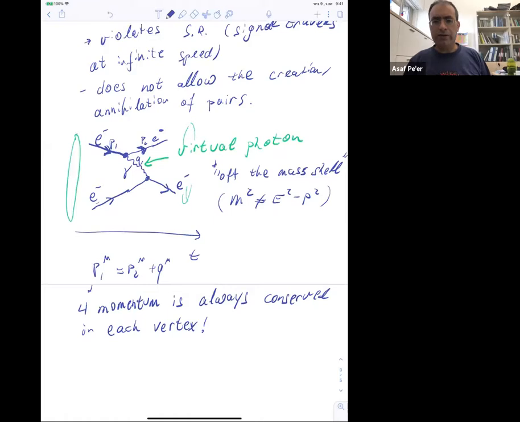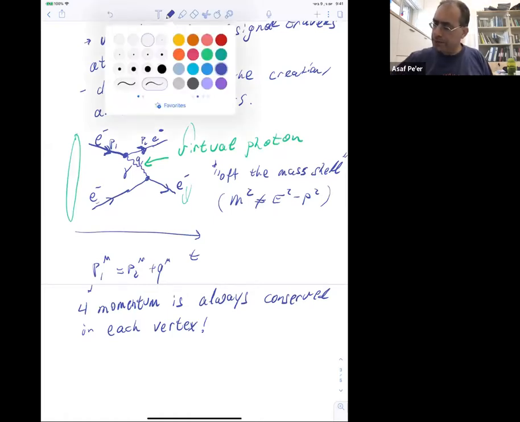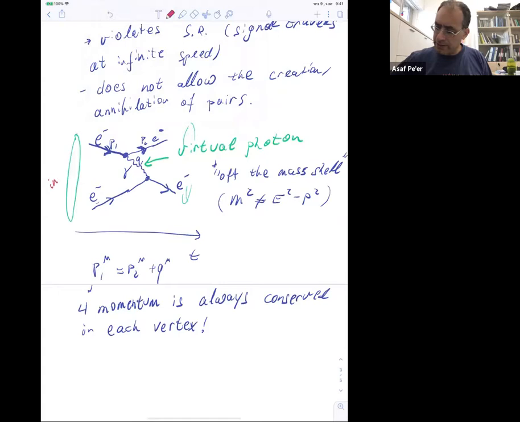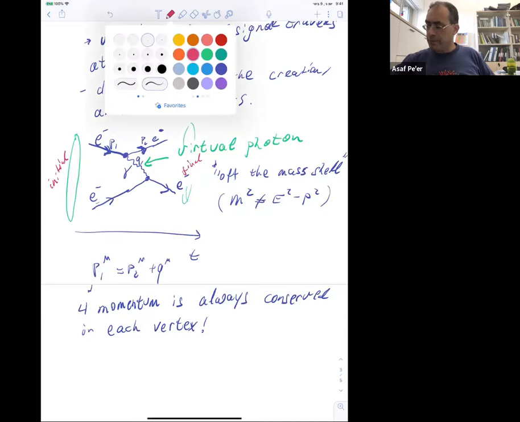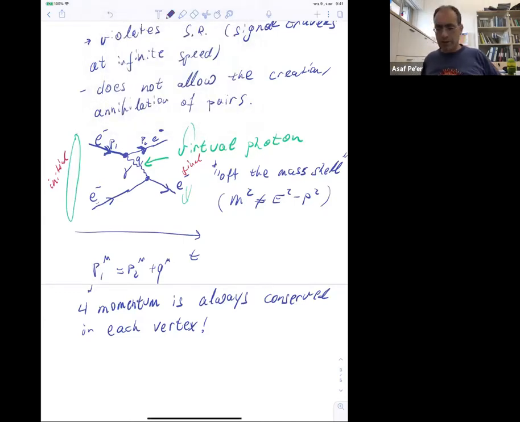And an observer that watched the initial state and the final state would simply say, oh, these two electrons interacted with each other. They have exchanged momentum. Now, this can be attracting, this can be repelling. The arrows here just represent the flow of charge, which I'm going to show you in a second.